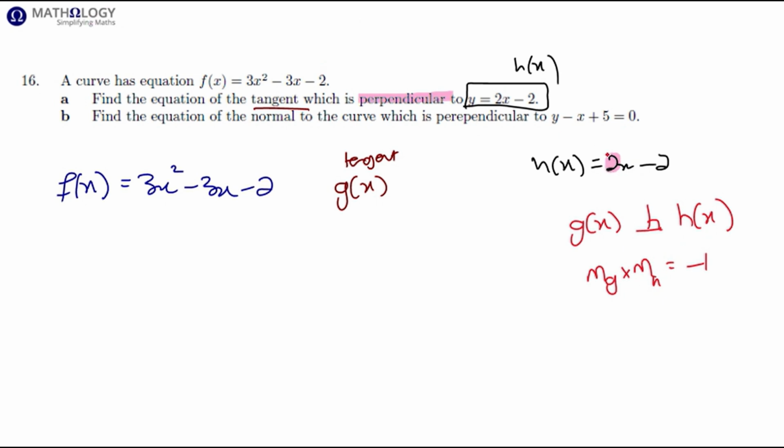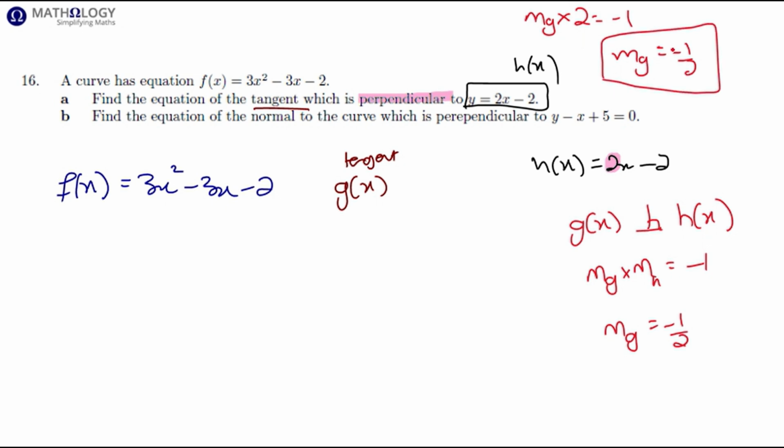To find the gradient of g, we take the negative reciprocal of 2. So the gradient of g will be minus 1 over 2. If you're not sure about that, the gradient of g times the gradient of h, which is 2, equals negative 1. Divide both sides by 2. The gradient of g is minus a half.